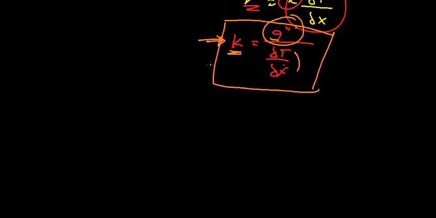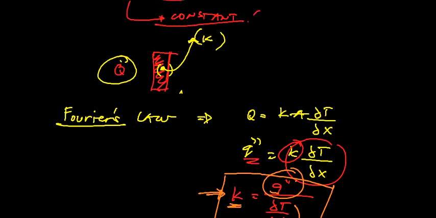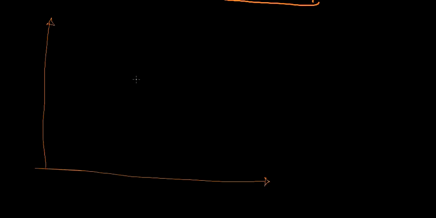So in general, the thermal conductivity is not constant. So last time we treat this as constant, but generally speaking, the thermal conductivity is not constant. So I will show you some figure or illustration showing the different thermal conductivity of the material with a certain temperature.